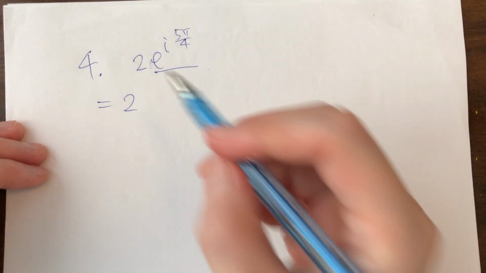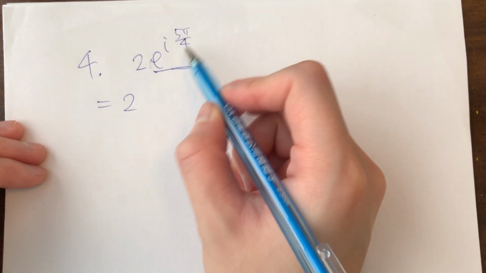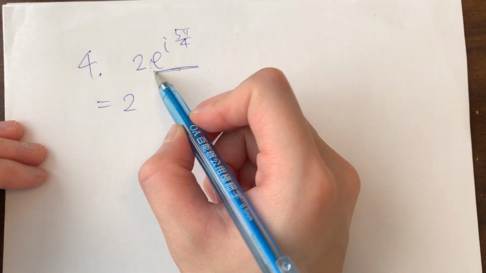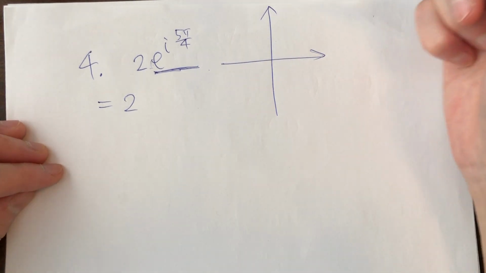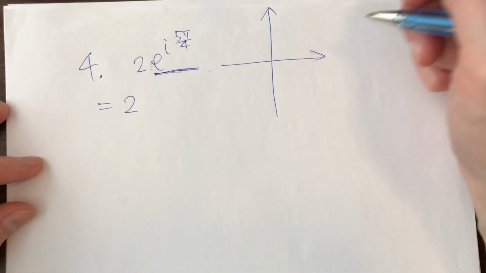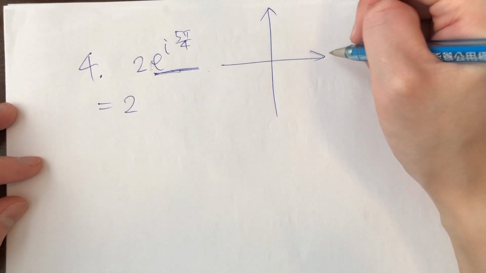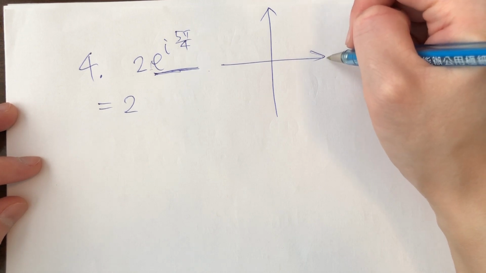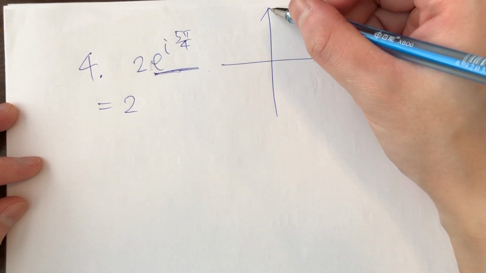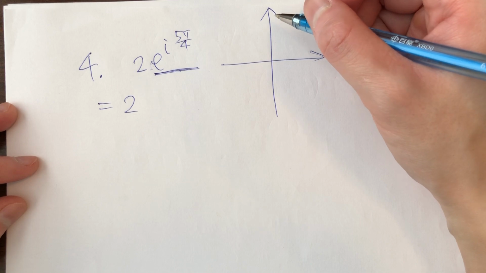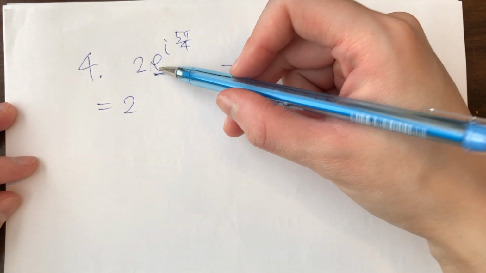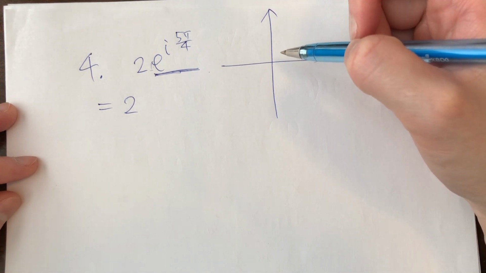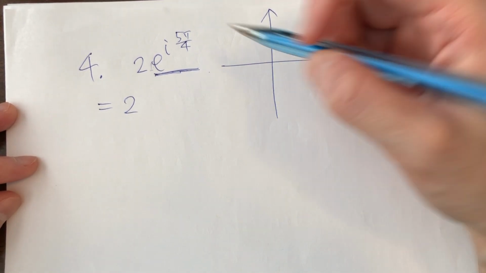So then this complex number, e to the i times this many radians, you can plot it in an xy plane, where the x-axis is the real part and the y-axis is the imaginary part. So how do you find a point on this plane?